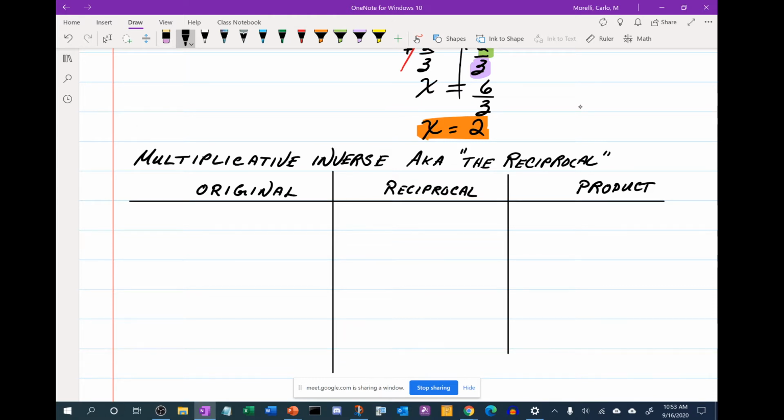So here's an original. What's the reciprocal? Remember what Giselle said. Just flip it, right?